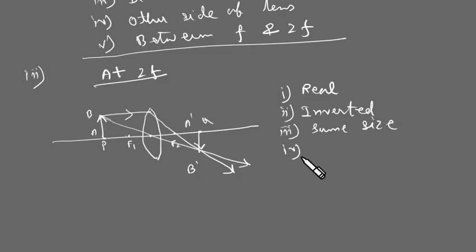The image is of the same size as the object, and it is on the other side of the lens, and it's at 2F distance from the optical center. So these are the 5 properties of the image when the object is kept at 2F distance.